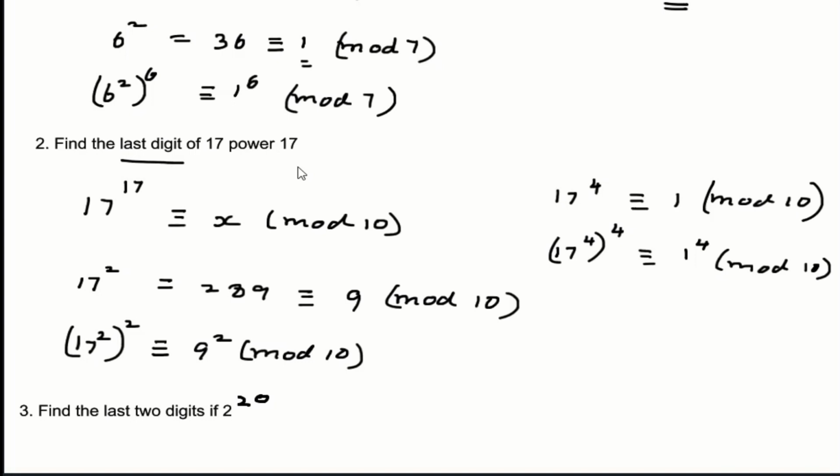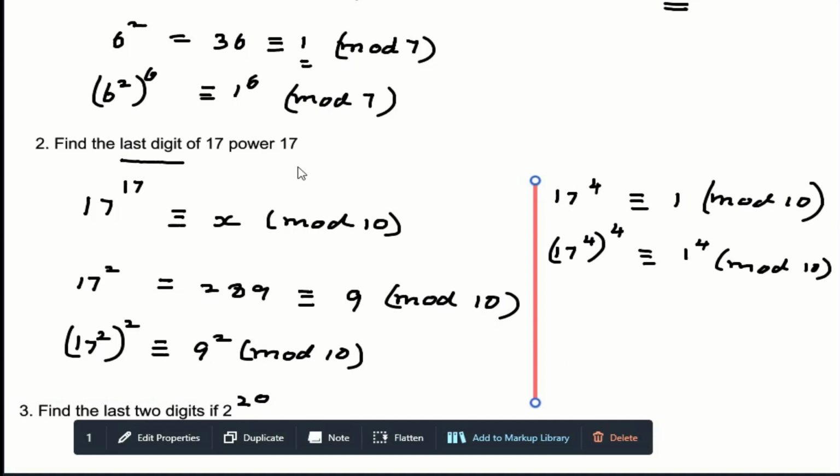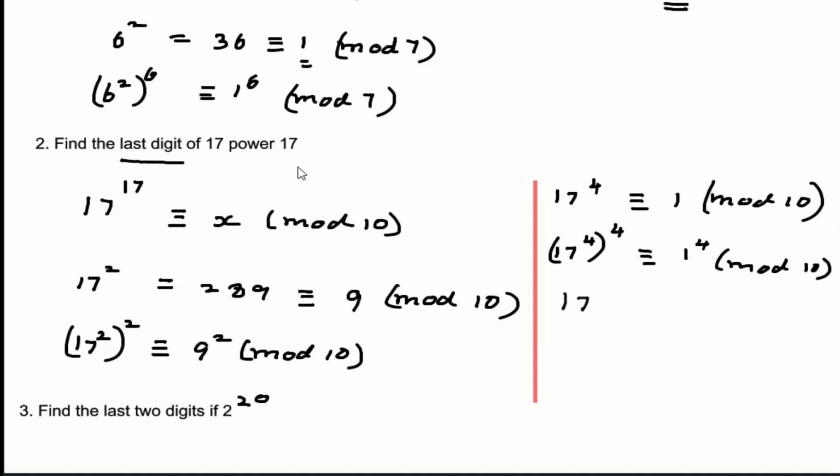So multiplying by 17 on both sides, we get 17 power 16 into 17 is congruent to 17 power 16, which is 1, into 17 mod 10.